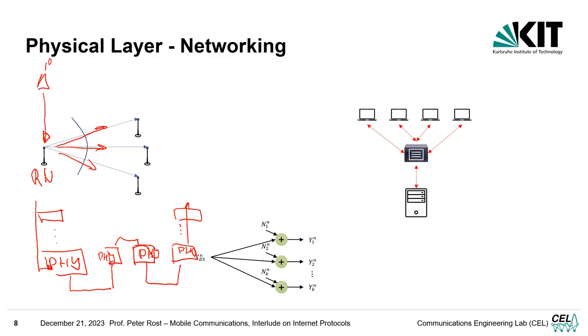Take one example. There are still hubs. I'm not sure whether they're still used, but they're very cheap devices for Ethernet networks. I use one box here, a so-called Ethernet hub. In an Ethernet hub, you forward every received packet on all ports.